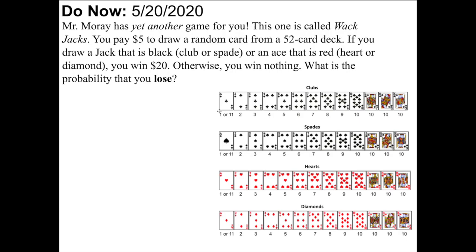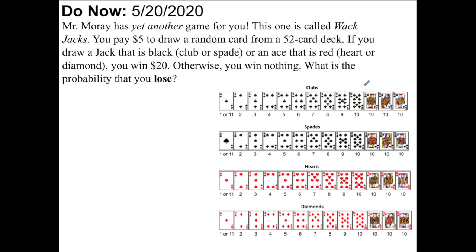Underneath each card what you'll see is the value for that card if you were playing the card game blackjack. So an ace would be worth 1 or 11. The numbered cards would be worth whatever number is on their card. So 2 would be worth 2, 5 would be worth 5, and so on.